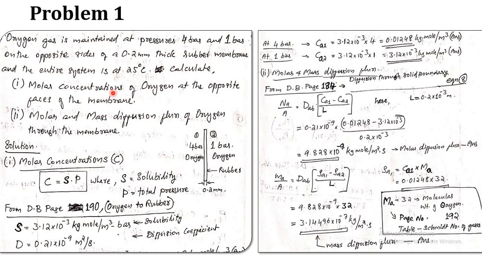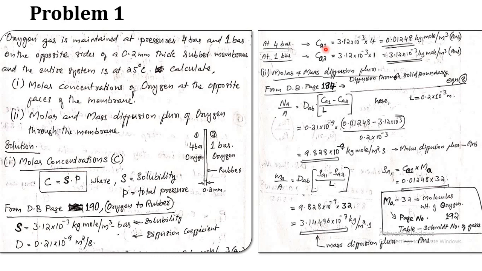In the first table, the last row, you can find oxygen to rubber at 25 degrees Celsius. The diffusion coefficient is given as 0.21 times 10 raised to minus 9 meter square per second, and the solubility in kilomole per meter cube bar is given as 3.12 times 10 raised to minus 3. So note it down: S is equal to 3.12 times 10 raised to minus 3 kilogram mole per meter cube bar, and this is the diffusion coefficient.